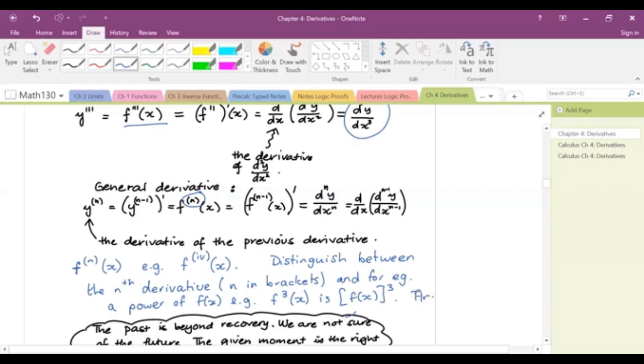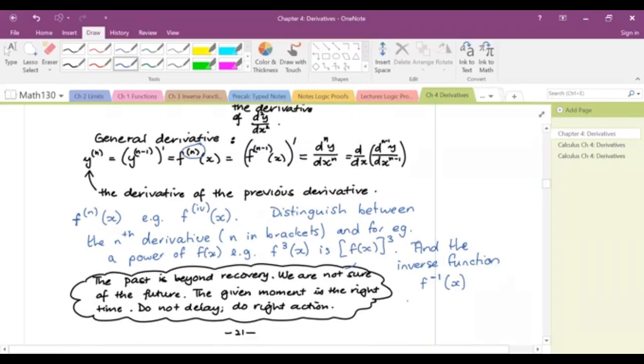And also the inverse. The inverse function of f we denote f minus 1 of x, f inverse of x. And the reciprocal would be 1 over f of x, which is f of x to the minus 1.